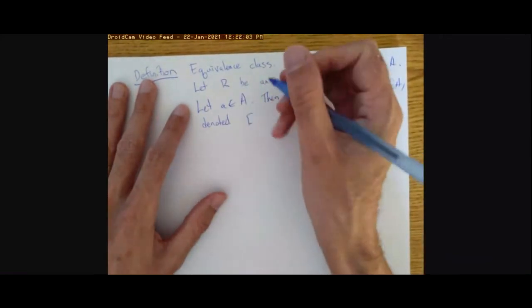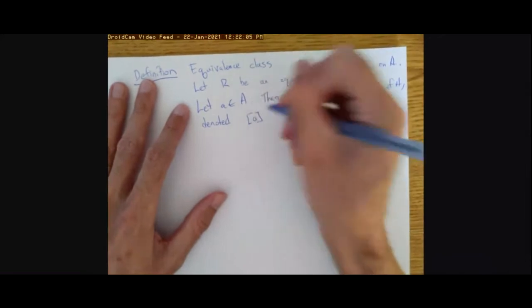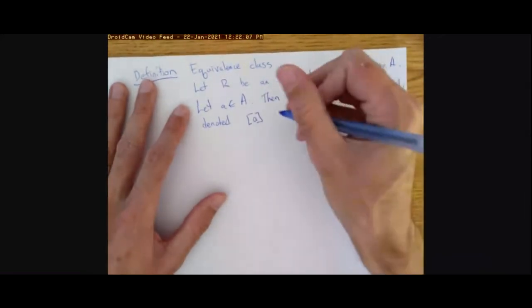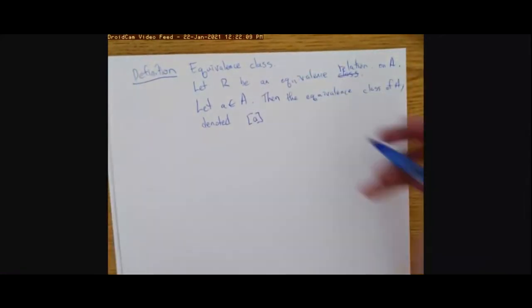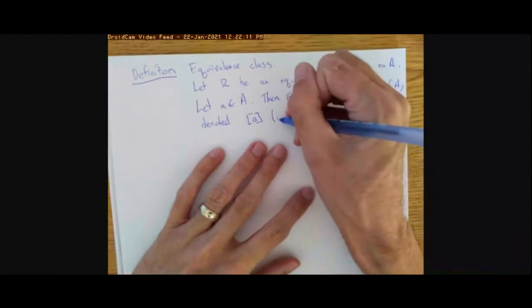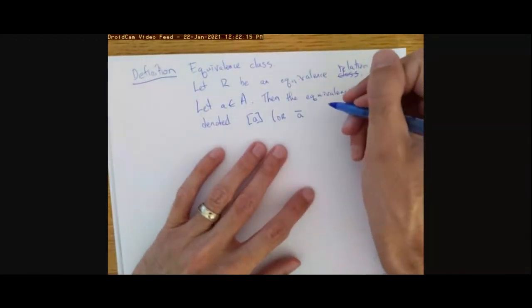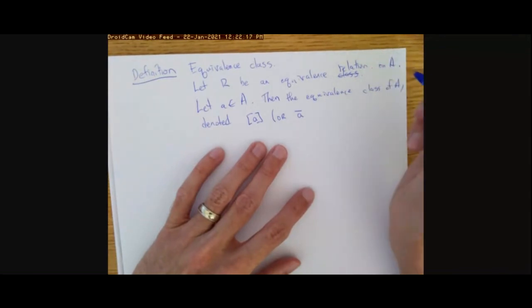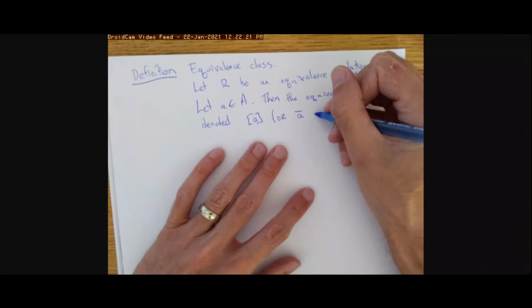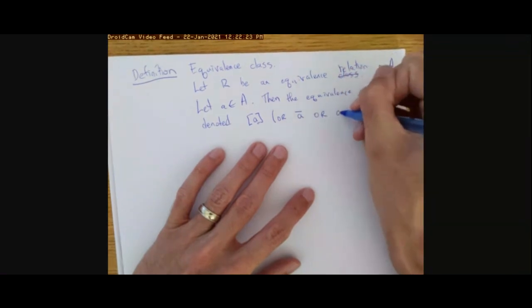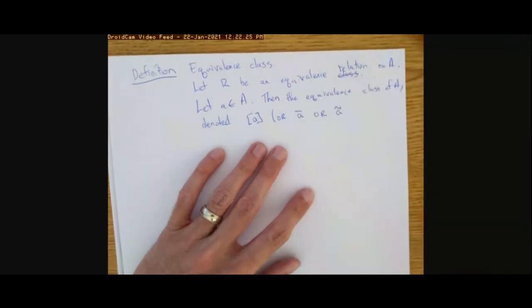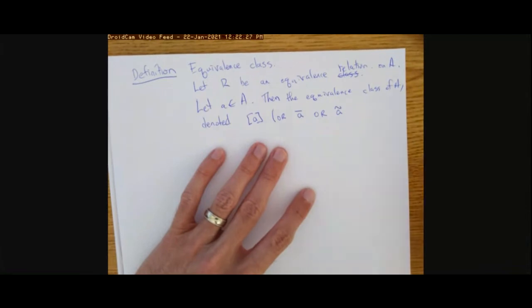with, well, one way to denote it is by square brackets, which is fine. Other ways to denote it are a bar, and I'm sure there are many other ways, maybe with a tilde.